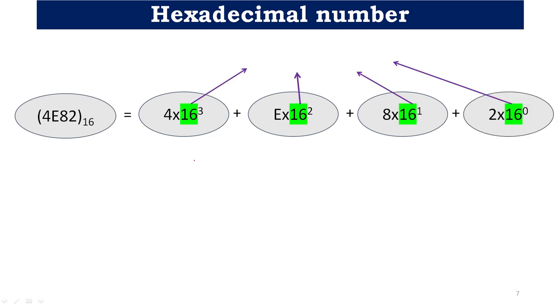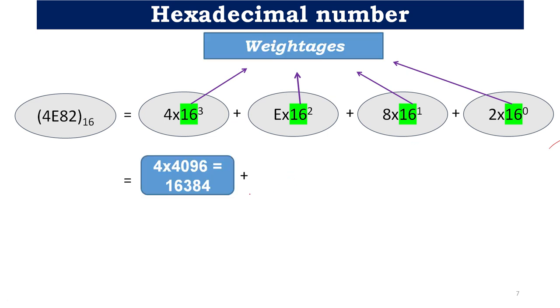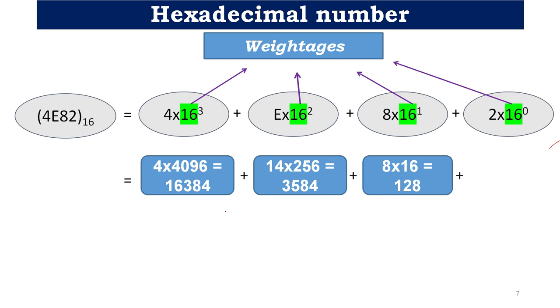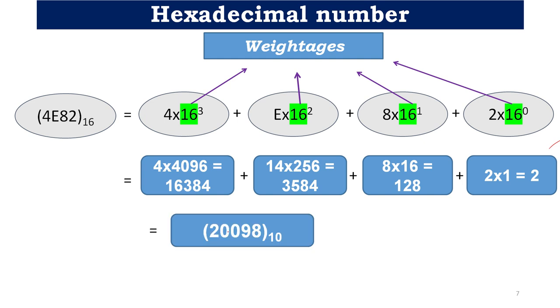And hence powers of 16 will be the weightage for the hexadecimal digits in a hexadecimal number, wherein the rightmost digit will have the least weightage, that is 16 power 0, and as we proceed towards the left, the degree of order will increase, and hence the decimal value of this hexadecimal number is given as 20,098, which is the decimal equivalent of the hexadecimal number 4E82H.